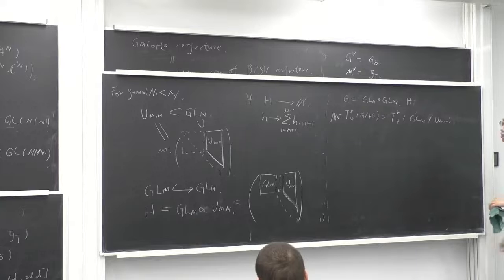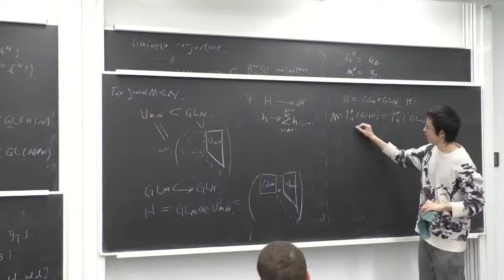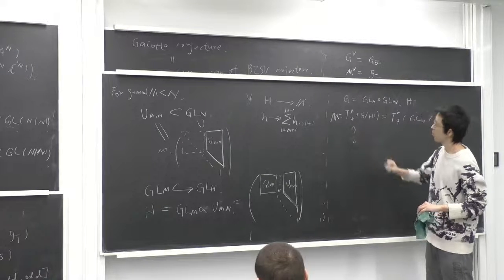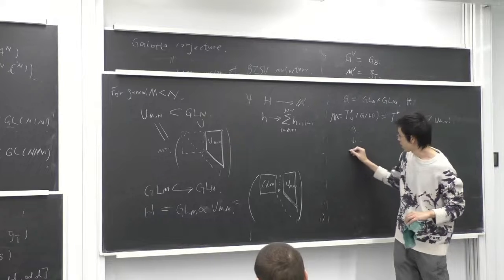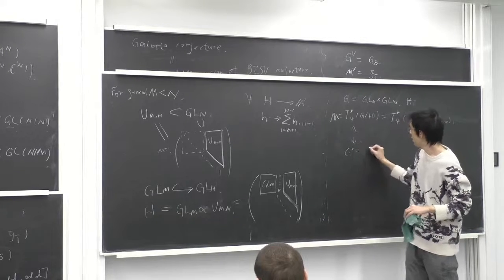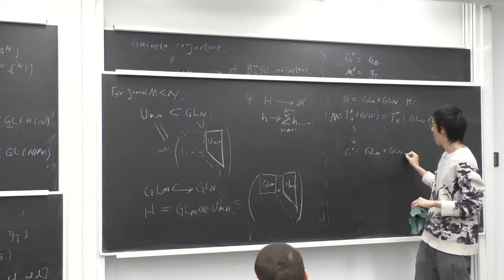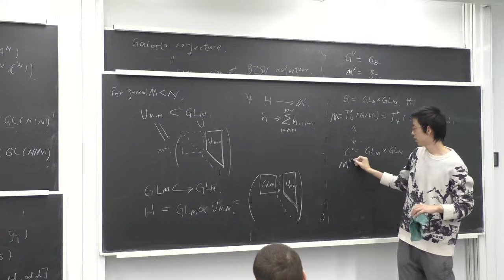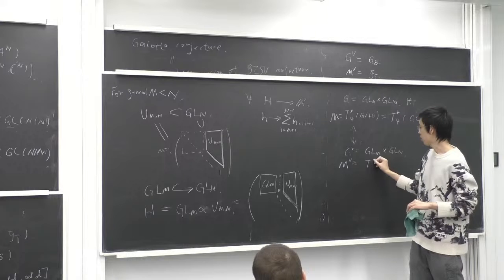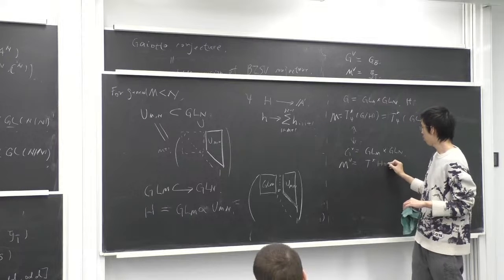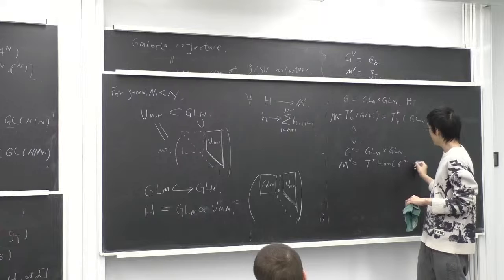So that is your hyperspherical variety. Its dual hyperspherical variety is given by this, where your G check is GLM times GLN, and your M check is the cotangent bundle on Hom(C^M, C^N).